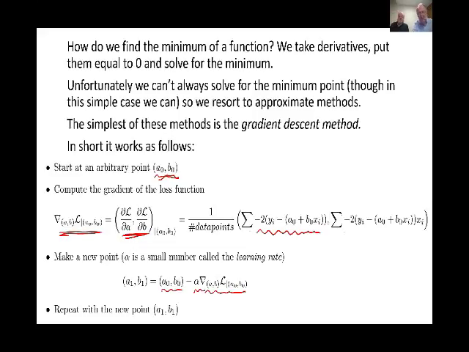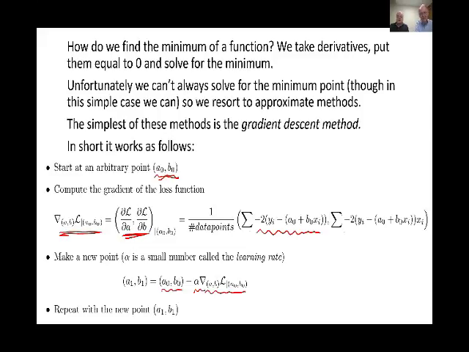Then we're going to get a new point, a1 comma b1, and we're going to repeat that. We take the gradient at the new point, multiply by the learning rate, subtract it from a1 comma b1, and then keep doing that.